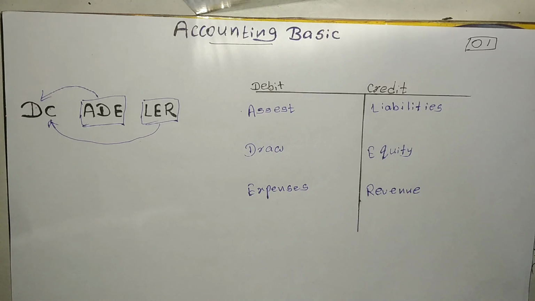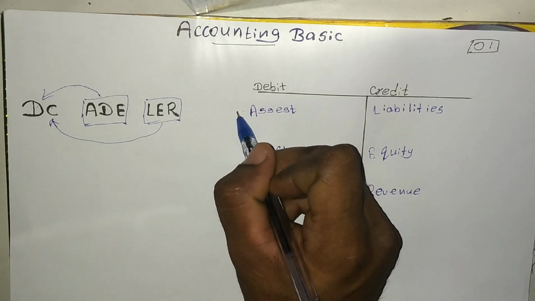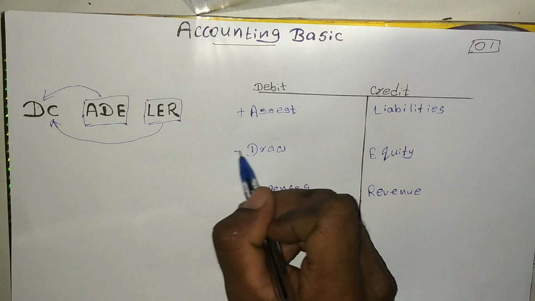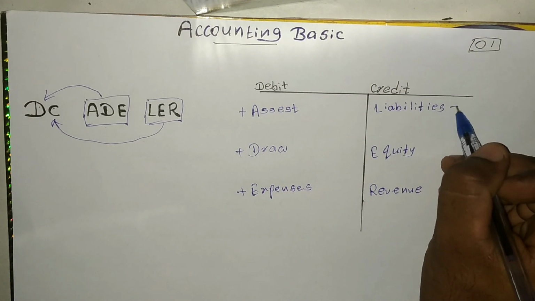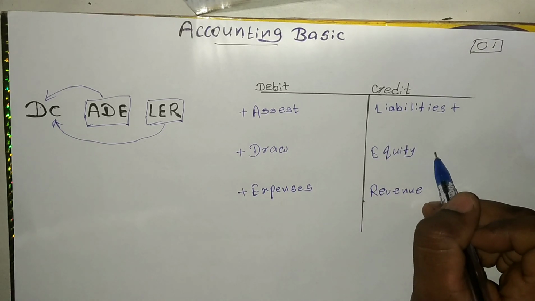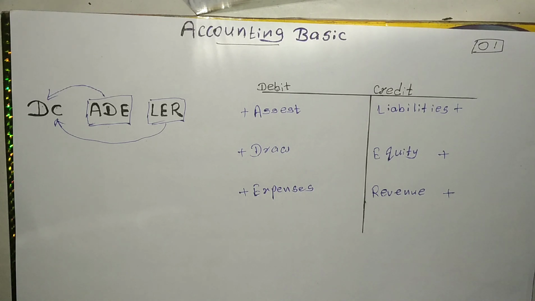Debit is positive, draw positive, expenses positive, liabilities positive, equity positive, revenue positive. Positive or negative. Keep this in mind carefully. Don't think in terms of good or bad, that is completely wrong. Use this method for understanding accounting basics.